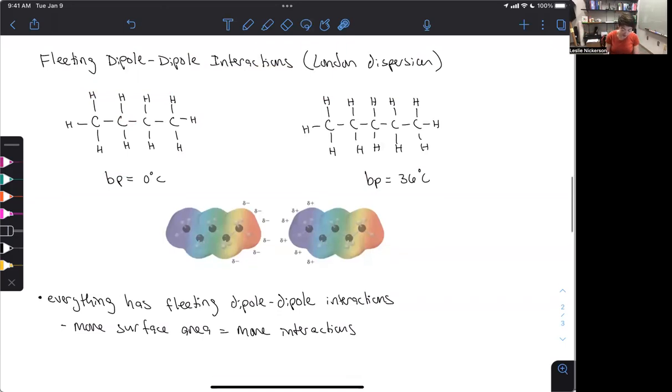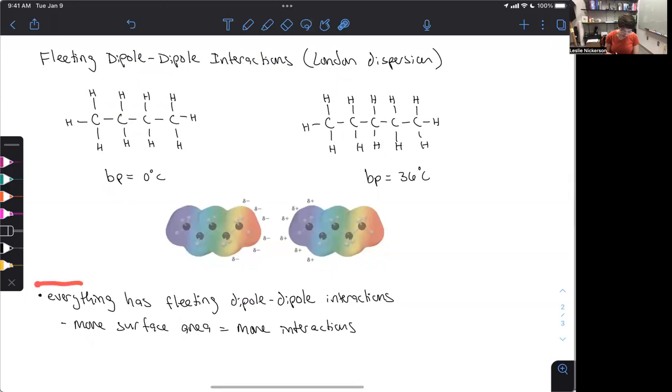So the important things to know about London dispersion forces: everything has these, right? Everything has the potential for these fleeting dipole-dipole interactions. The more surface area you have, the more interactions you're going to get. So larger molecules are going to have higher boiling points because they have more of these fleeting dipole-dipole moments, okay?